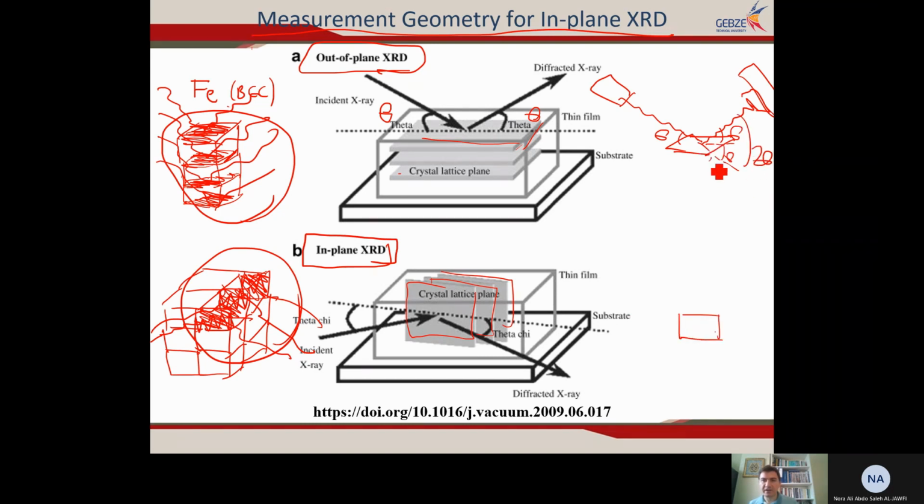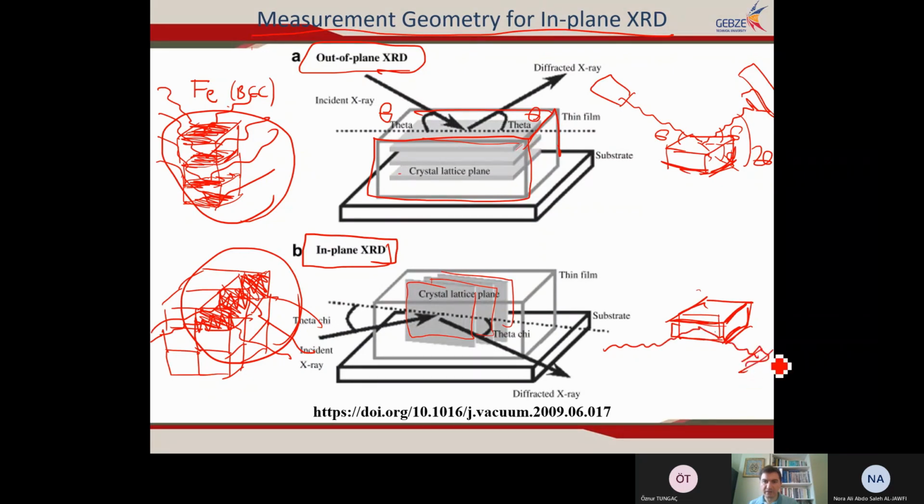Here we have a thin film. Here we have the same thin film staying on the sample holder of the X-ray diffractometer, but now we send X-rays from this side.